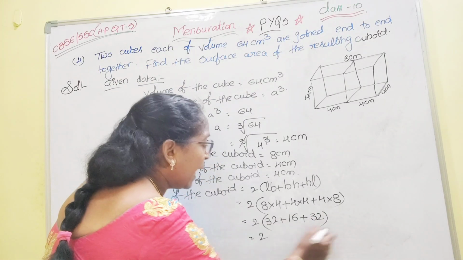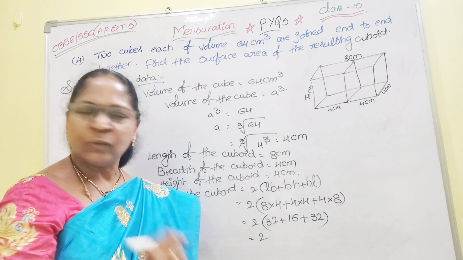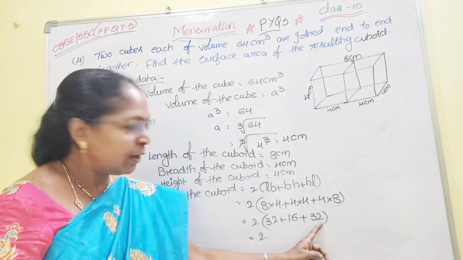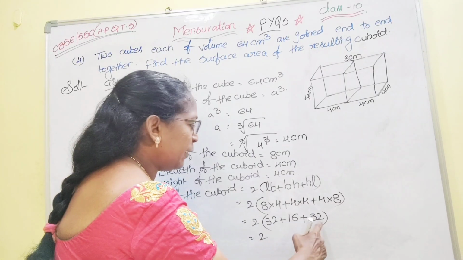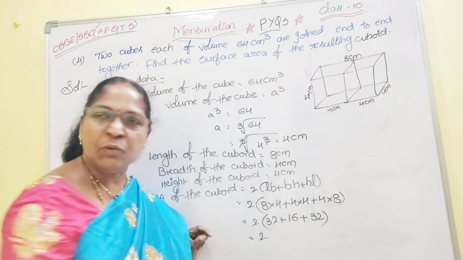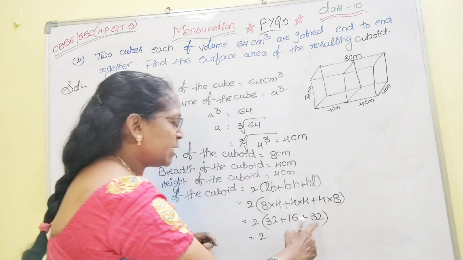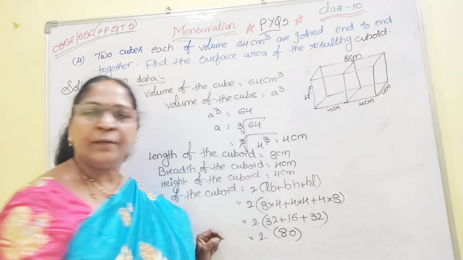Now here add these 3 values. Don't add in the vertical manner. What is a simple trick here? Consider all the ones place or units place. See, 2 plus 6, 8, 8 plus 2, 10. 1 keep in mind, write 0. 1 already is there, 1 plus 3, 4, 4 plus 1, 5, 5 plus 3, 8. 2 into 80.